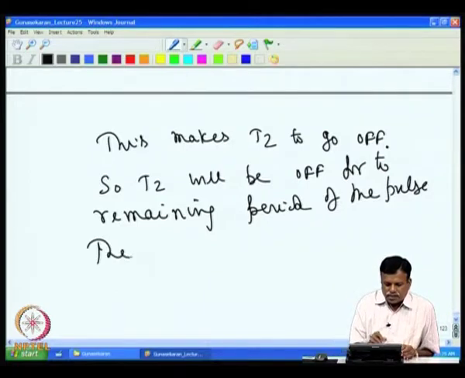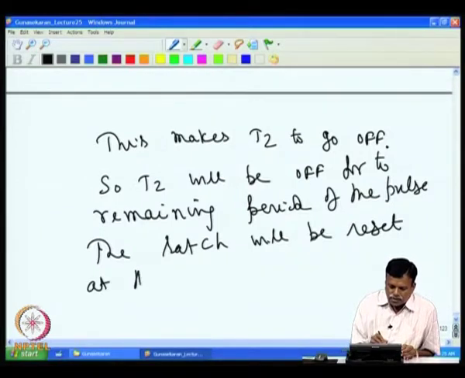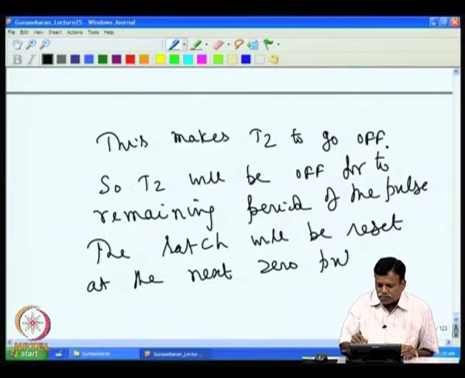The latch will be reset at the next 0 pulse input.